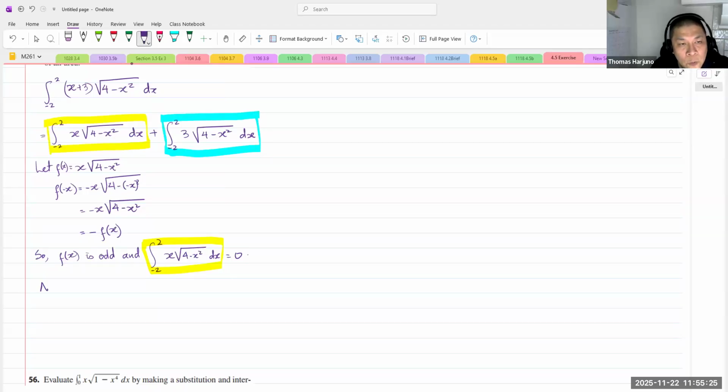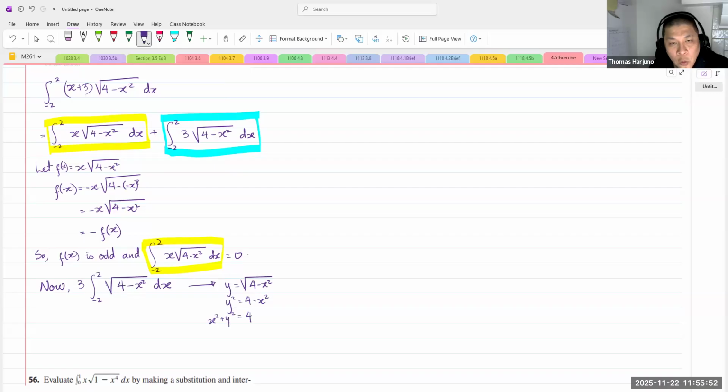Okay, now, 3 times the integral from -2 to 2 of square root of 4 minus x squared dx. Let's call that y equals square root of 4 minus x squared. This is y squared equals 4 minus x squared, plus, x squared plus y squared equals 4.